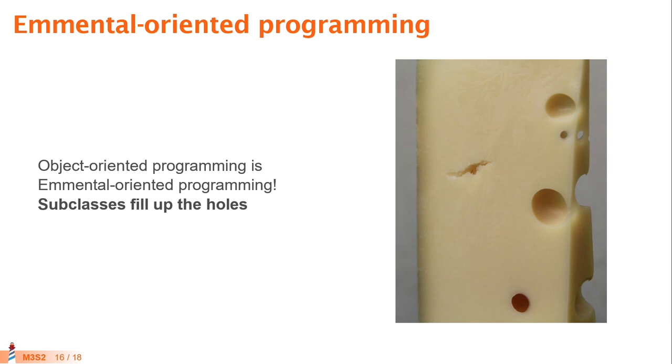So if you look at it, object-oriented programming is a kind of Emmental-oriented programming. This is a Swiss cheese in which we have holes like that, and holes are filled up by subclasses. In fact, in superclasses, we already create holes with self-send messages that will be filled up or adapted by subclasses.